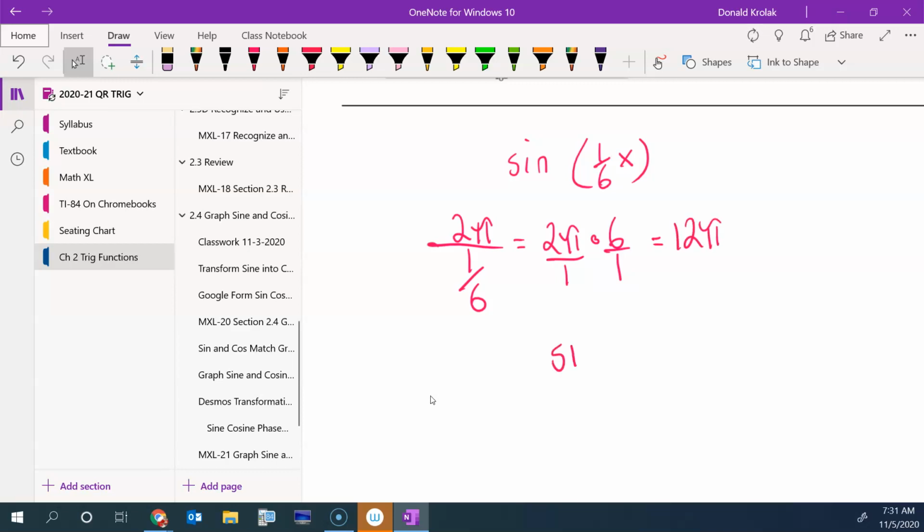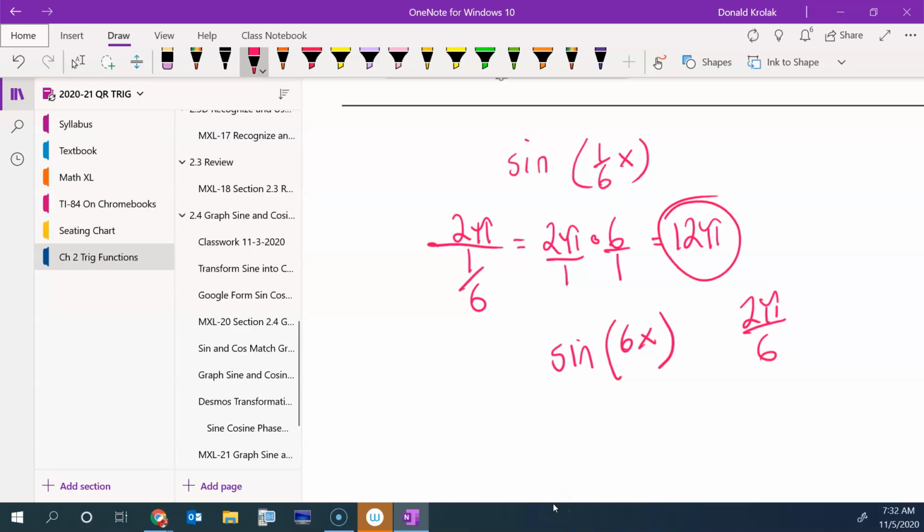So if it was 6x, then you would go 2 pi divided by 6. So this one actually makes the period a lot longer. Now instead of this being 2 pi, now it's 12 pi. It's way out there.